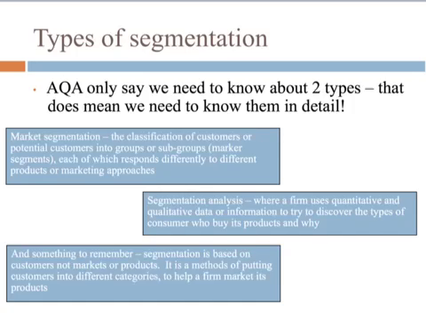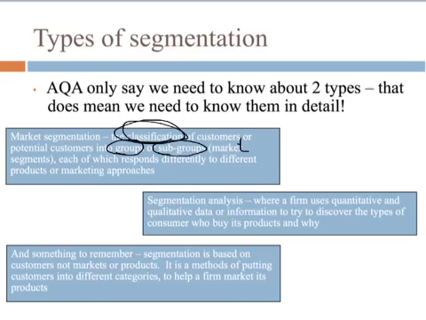Market segmentation is the classification, so breaking things down, of customers or potential customers into groups or even smaller subgroups, which are market segments, each of which responds differently to different products or different marketing approaches.